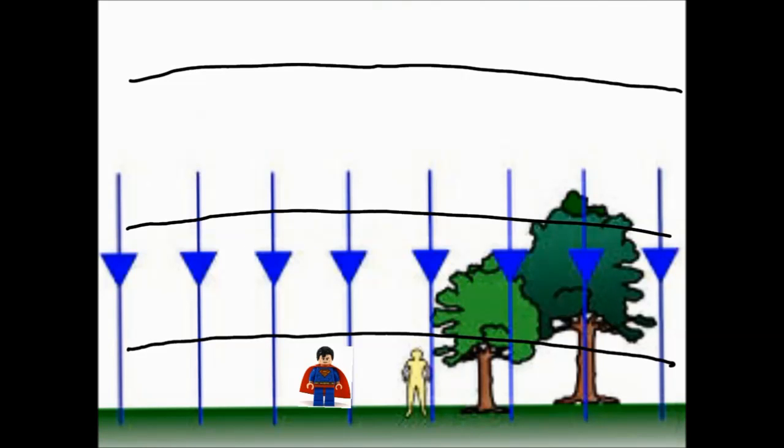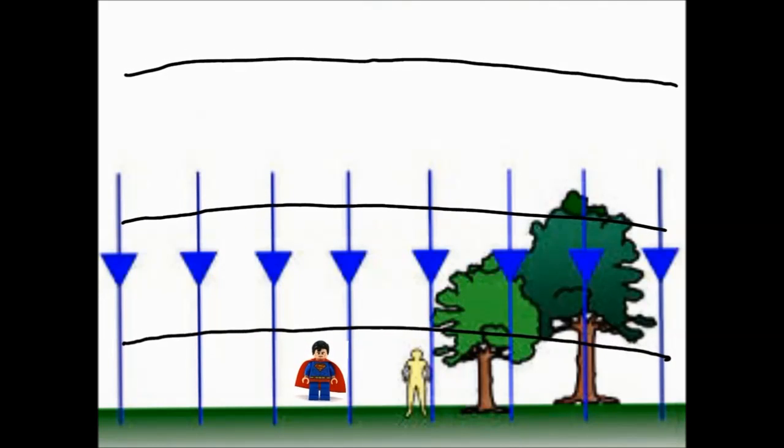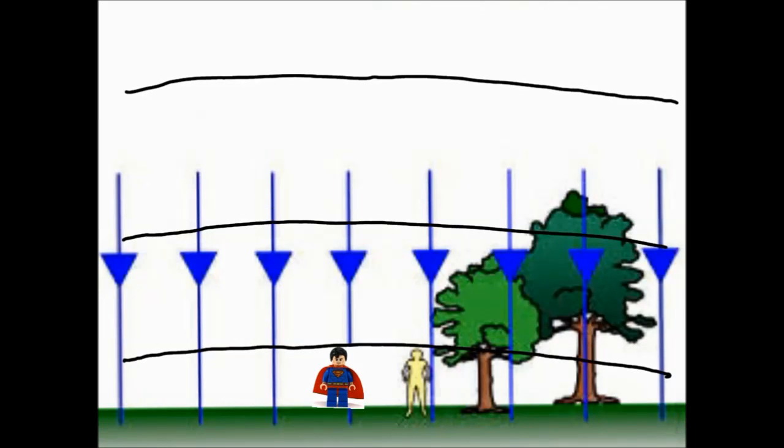Now, if we were to take Superman and he starts flying up into the atmosphere here, well, in this gravitational field way up here, there's going to be less gravitational pull on him. These field lines are farther apart, so it's weaker up here.